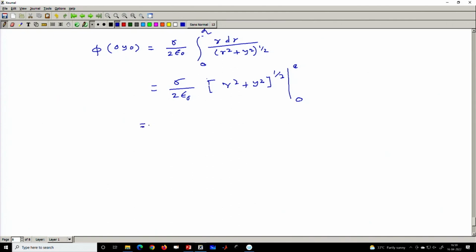Now, this quantity is sigma divided by 2 epsilon 0, and if I put in the limits, it is a square plus y square whole to the power half minus y.